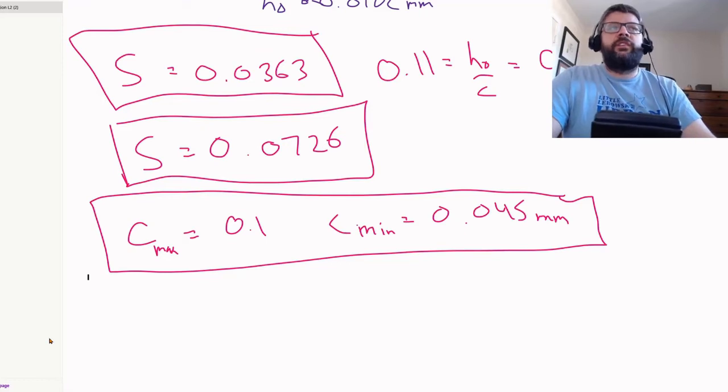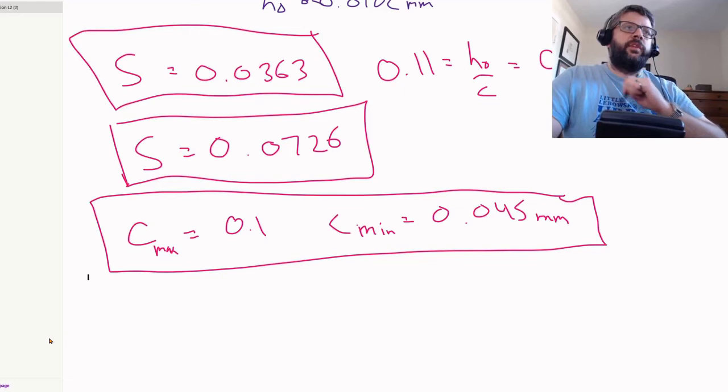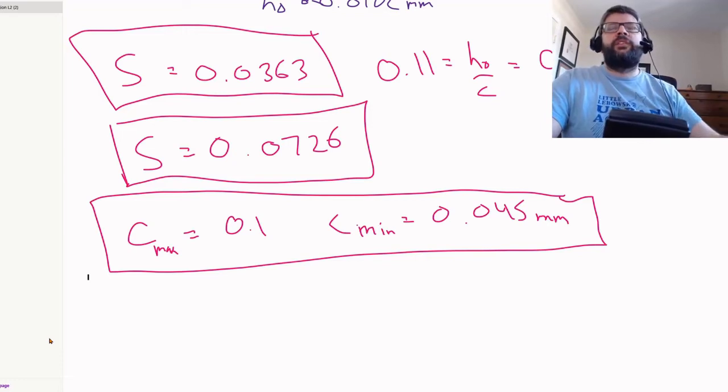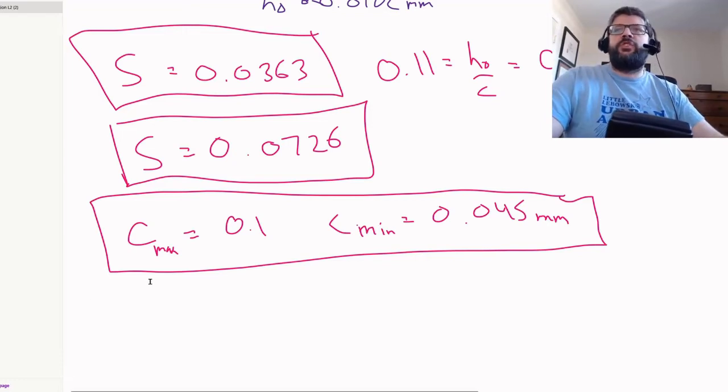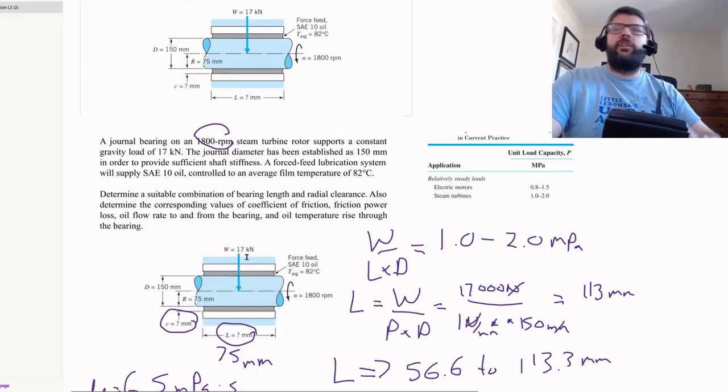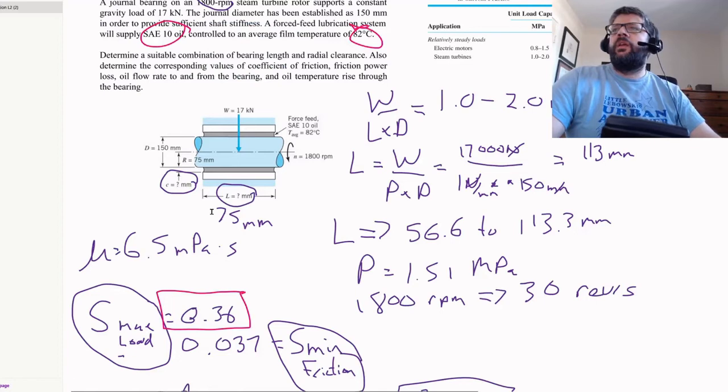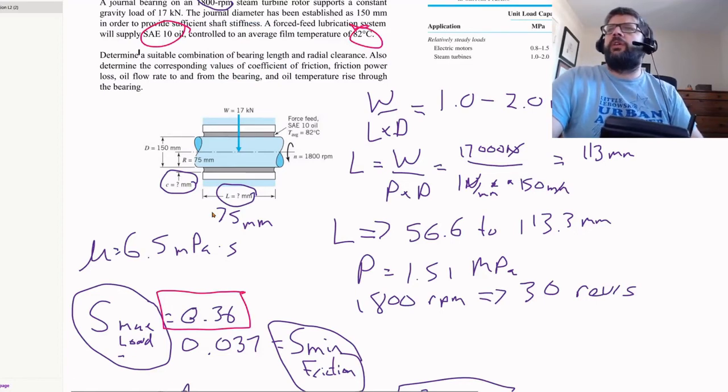You could provide more cooling to the oil, so that the oil coming in ends up at a higher viscosity than based upon the average temperature in the bearing that was specified of 82 degrees Celsius. So you could use different oil, or a different temperature, or what have you. But that would work.